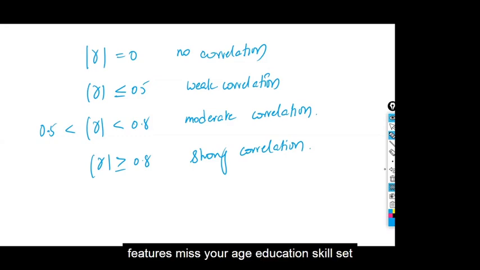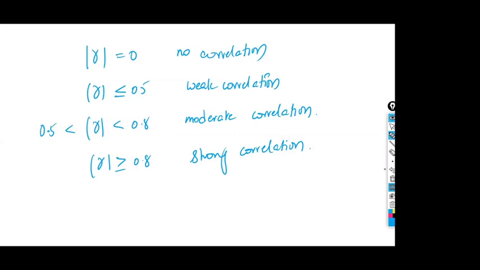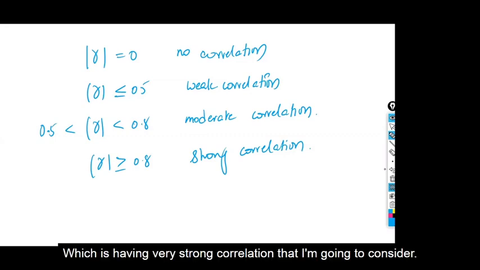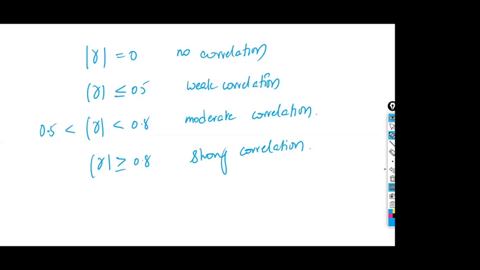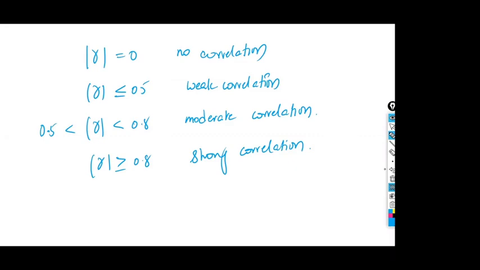Your age, education, skill set, years of experience, number of projects, and your date of birth or something. Out of all these, whichever has low correlation I am not going to consider. Whichever has very strong correlation I am going to consider. Your projects have a strong correlation, and your data science experience has a strong correlation.